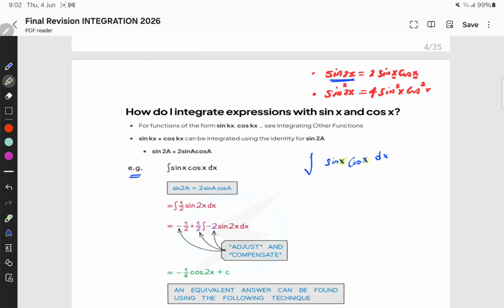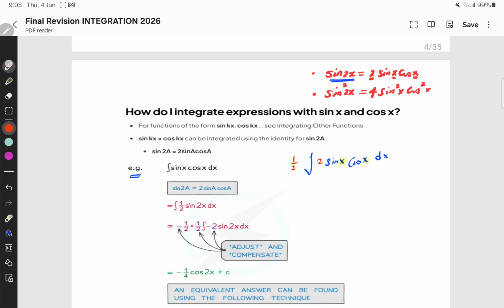Okay, so we're missing 2, because the formula is 2 sine cos. We just multiply by 2 and divide outside by 2. Why? Because 2 over 2 equals 1, and 1 is a multiplicative identity, it does not affect multiplication.